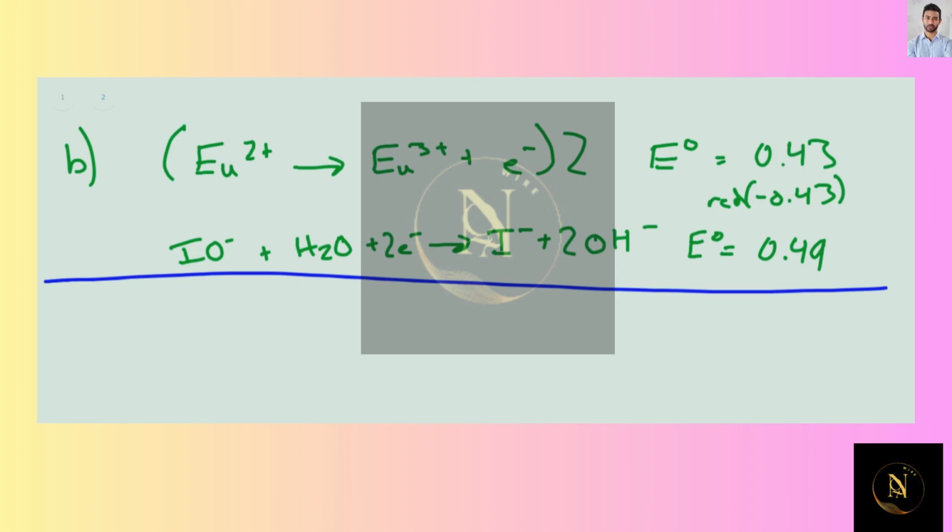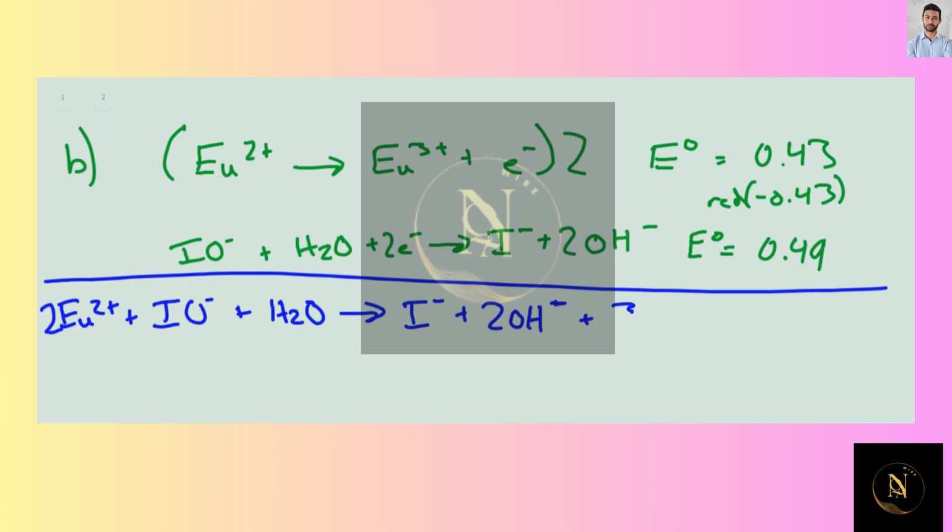So we add these up, and we get 2 europium 2 plus plus the iodate plus H2O produces iodide plus 2 hydroxides plus 2 europium 3 plus cations.